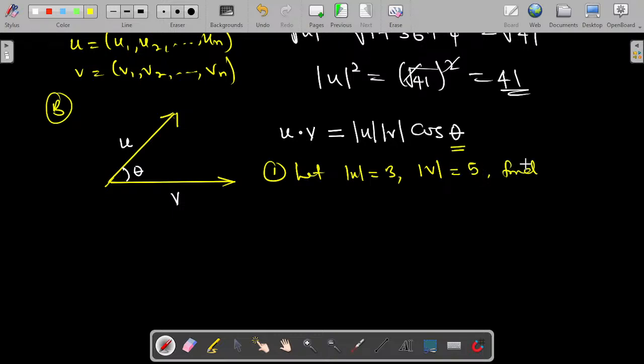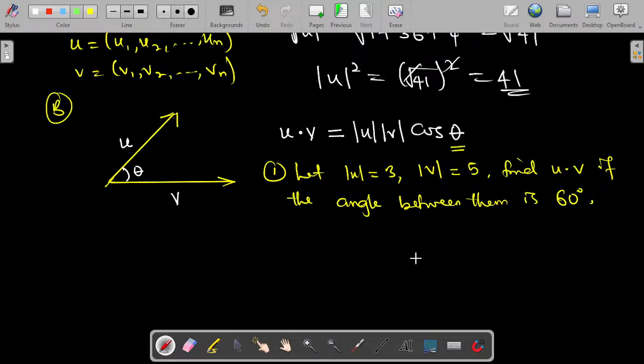Find u dot v if the angle between them is, let's say, 60 degrees. This is a beautiful example. If you come to exam and you see this, what do you think you're going to do?